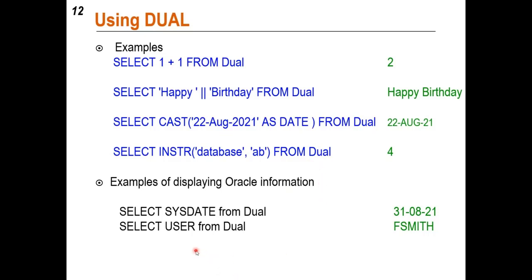You can even see the system date with the dual table. If you want to find out the system date, you can use the dual table as well. And you can even check which user is currently using the database from the dual table as well.